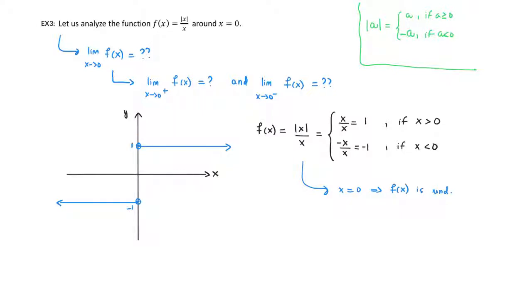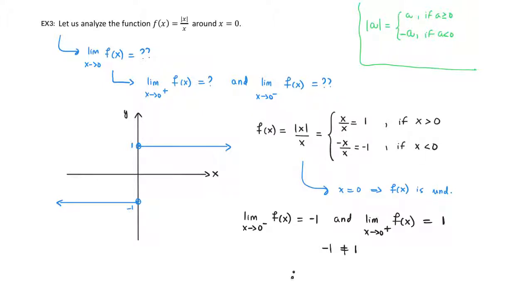So now we're going to talk about the one-sided limits. So you're going to notice that the limit as x approaches 0 from the left of f of x is equal to negative 1. And the limit as x approaches 0 from the right of f of x is equal to 1. But negative 1 does not equal positive 1.